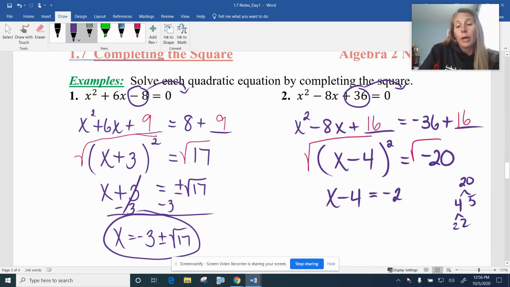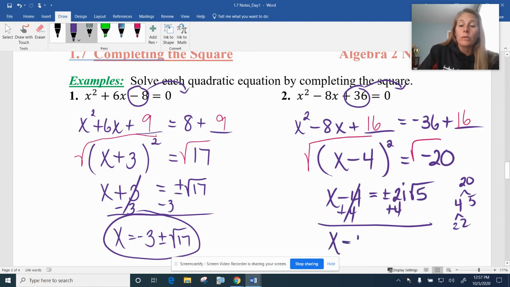And you do get positive or negative 2 radical 5. But because this is a negative 20, and we're taking the square root of a negative, remember that the i value has to come out as well. And then finally, we would bring that 4 over. So x equals 4 plus or minus 2i radical 5.